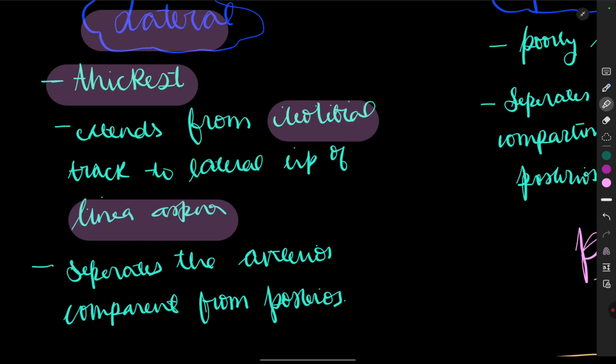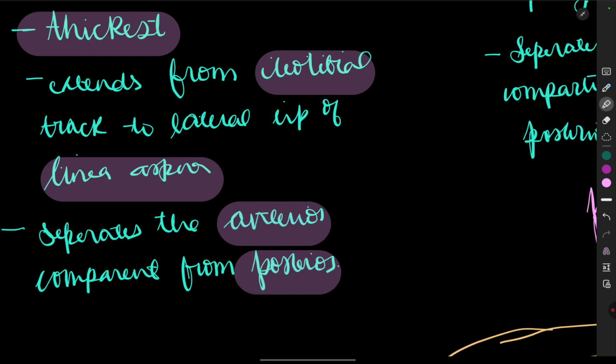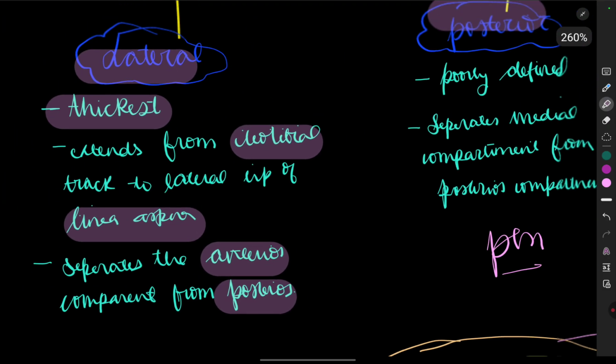The linea aspera is present on the femur. For that you need to study the bones. If you want to study the bones, please let me know in the comments, and I'll make a video about osteology of the lower limb. All right, so it separates the anterior and the posterior compartments. Okay, it separates the anterior compartment from the posterior compartment. Which one? The lateral one.